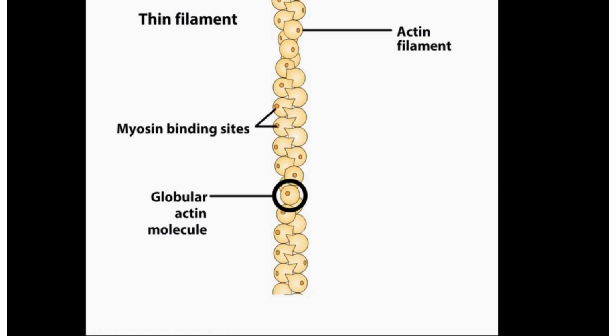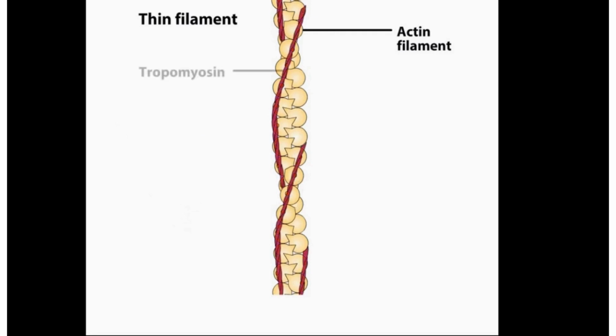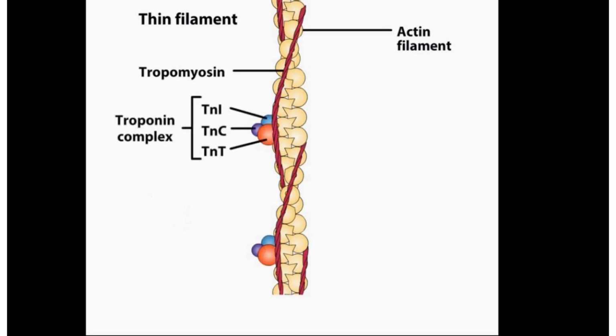However, in the absence of a nerve impulse to stimulate the muscle fiber, a long third protein called tropomyosin lies blocking the myosin binding site. Three polypeptides in the complex called troponin associate with actin and tropomyosin.